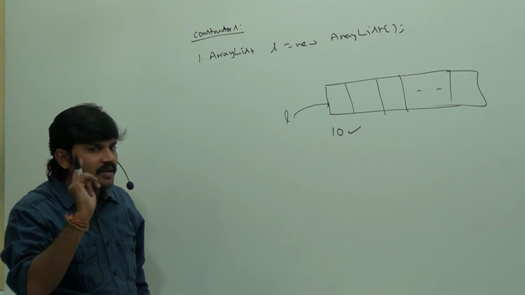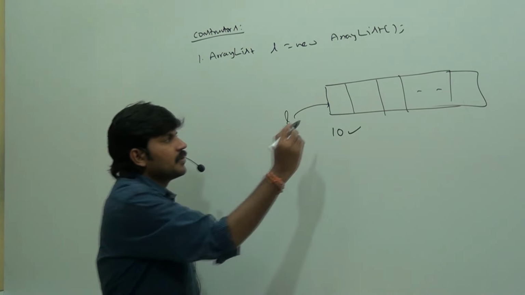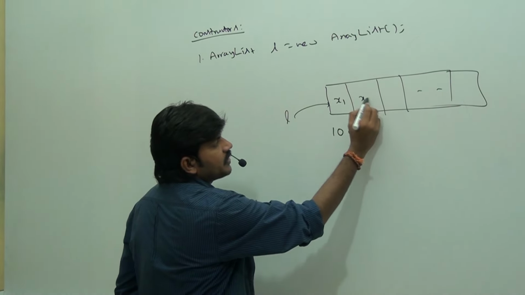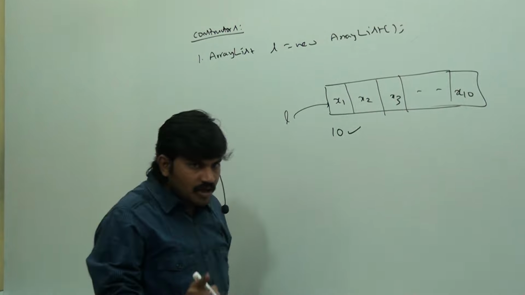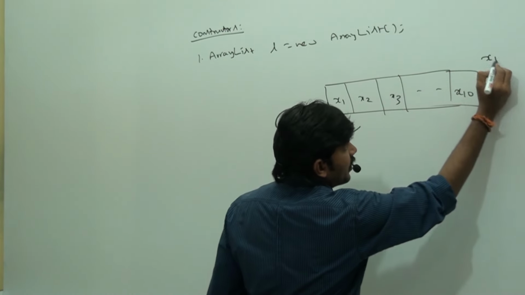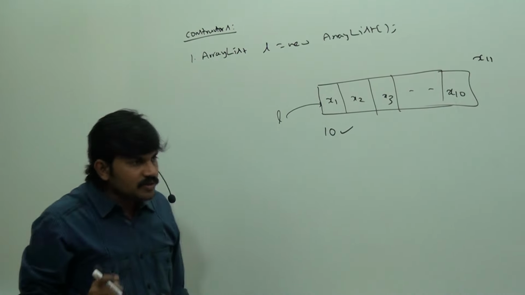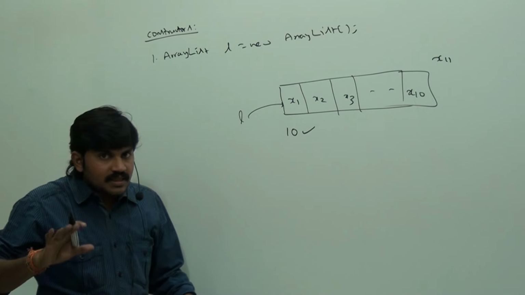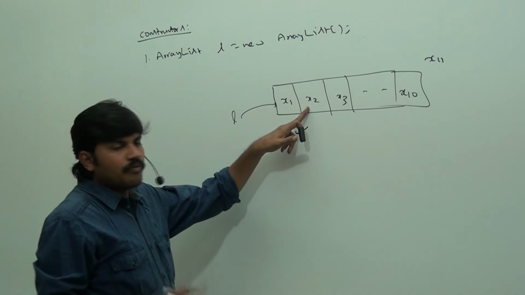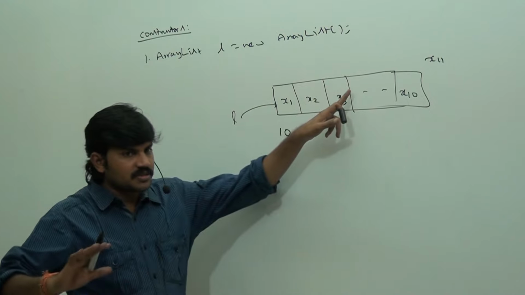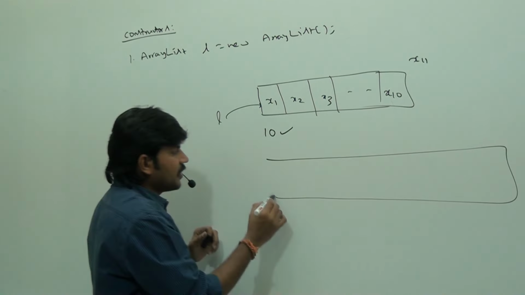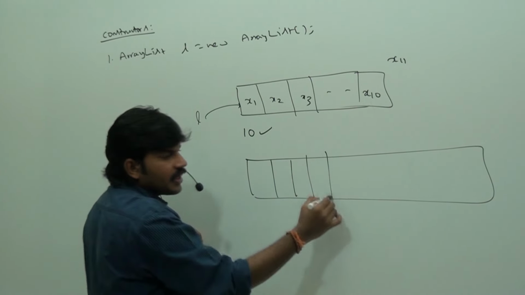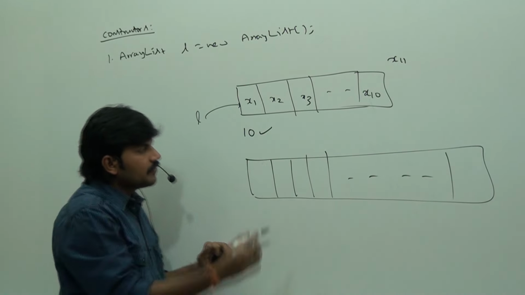Then immediately some clarity is required. I added the first object, second object, third object, up to the 10th object also. Now I am trying to insert the 11th object. Internally, once the ArrayList reaches its max capacity, a bigger ArrayList object is going to be created.